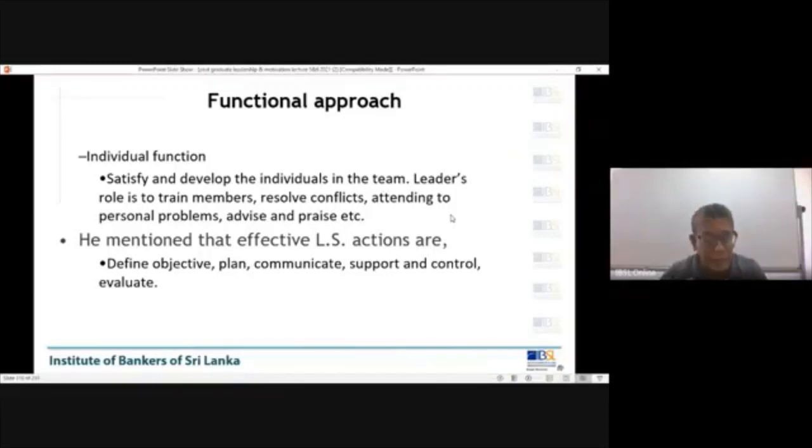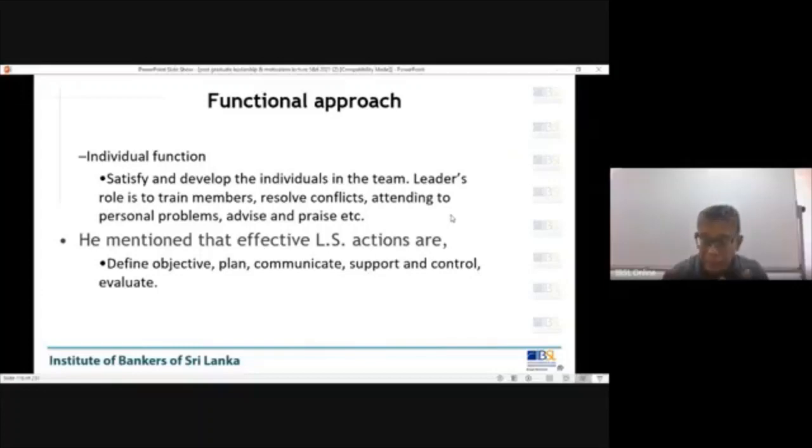Now, three situational factors under the functional approach, or sometimes we call it the action-centered leadership approach, which was developed by John Adair, talk about three things: individual needs, group needs, and task needs, right? So that is why it's a good approach, because they look at so many factors, but most of the other approaches look only at the tasks and the people, right?